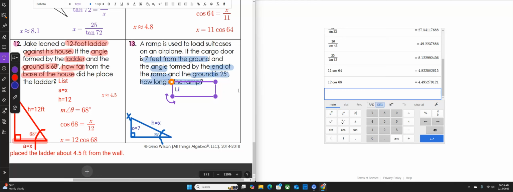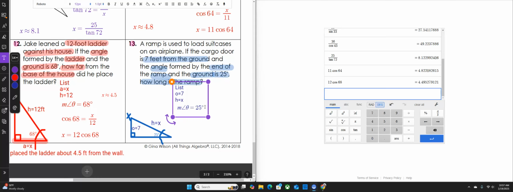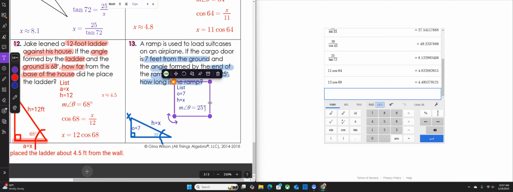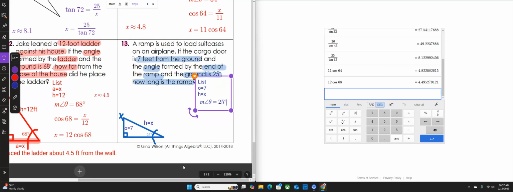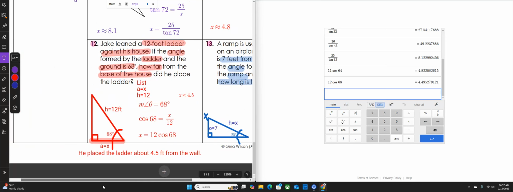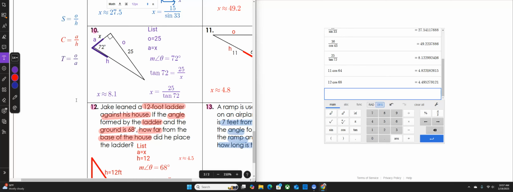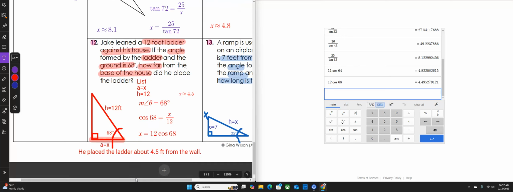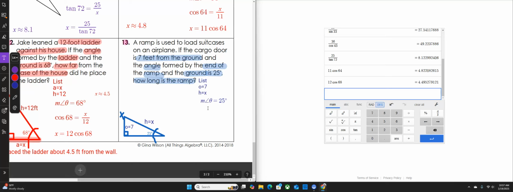So we're going to make our list. We know that the opposite side is 7. The hypotenuse is unknown. Okay. And the measure of angle theta is 25 degrees. And we can look at our mnemonic, our SOHCAHTOA, which is up here now. O over H gives me sine.